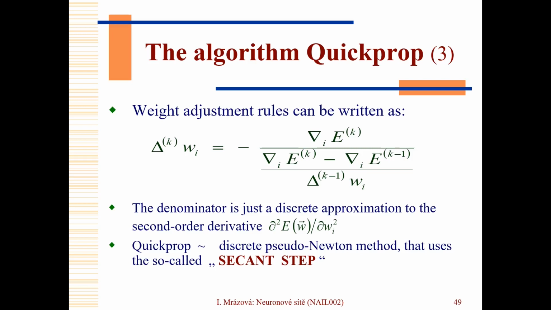Therefore, we can summarize that the Quick-Prop is basically a discrete pseudo-Newton method that uses the so-called second step. So the second step is an expression that denotes the discrete approximation of the second order partial derivatives.